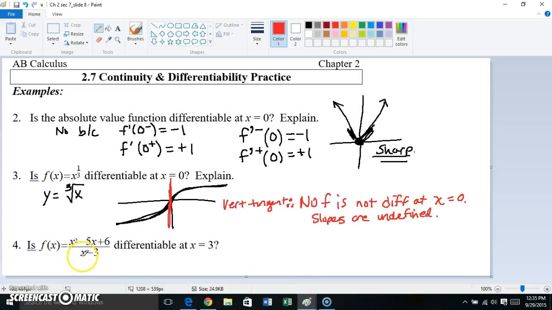Okay, what's this graph? Does it factor in the numerator? x minus 2, x minus 3. Okay, so this is the graph of f of x equals x minus 2 for x not equal to 3. There happens to be a hole in this graph at 3, 1.